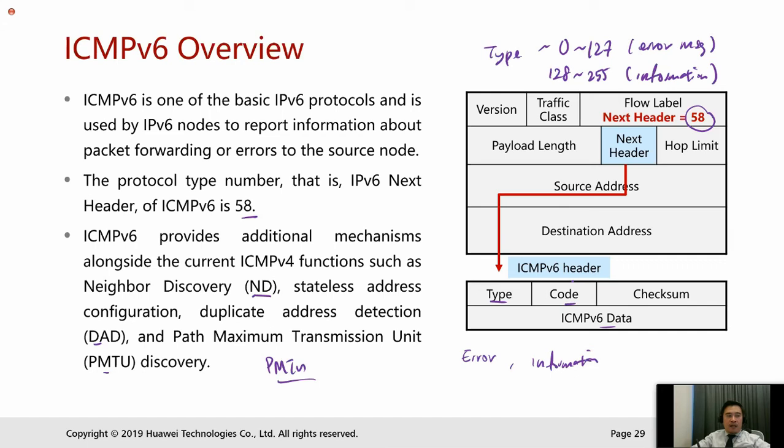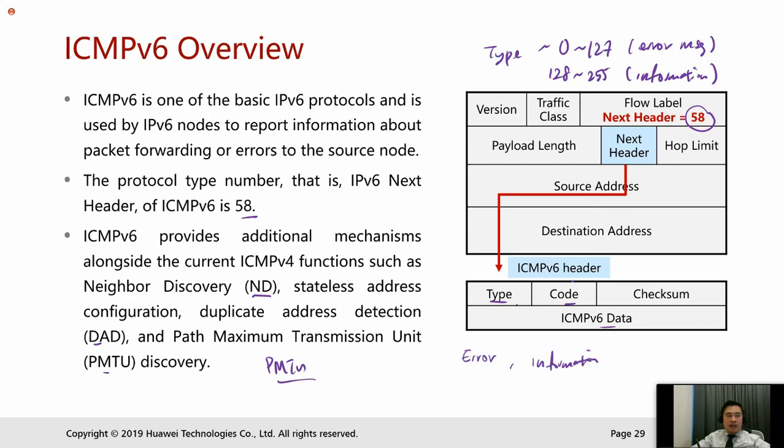All of these require ICMPv6 to send. When you are doing DAD, you also need this message type to be provided, and the type is set according to the different information being carried.